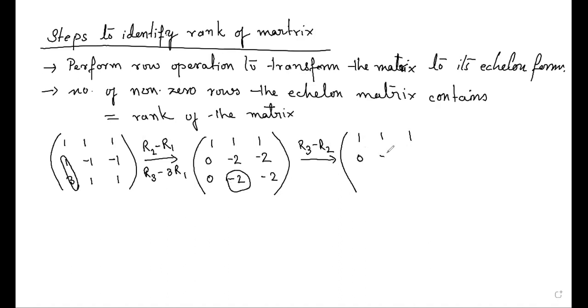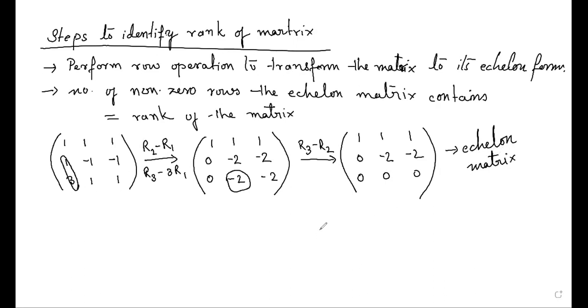R2 remains as it is, 0, minus 2, minus 2. And the third one is 0, 0, 0. Look at the form now. It will not be reduced anymore to get more zeros preceding the first non-zero element. So this is the reduced echelon matrix.